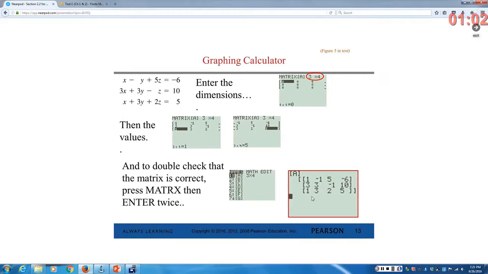I got an error. When I get back to my matrix, if I hit enter. Yeah, there it is. You've got to turn your diagnostics on.